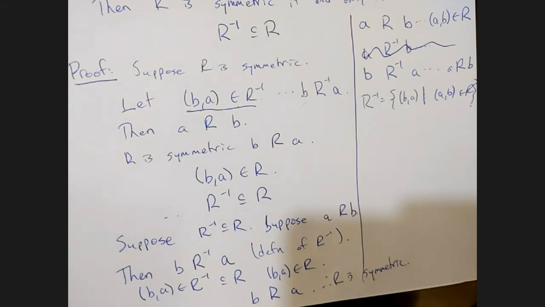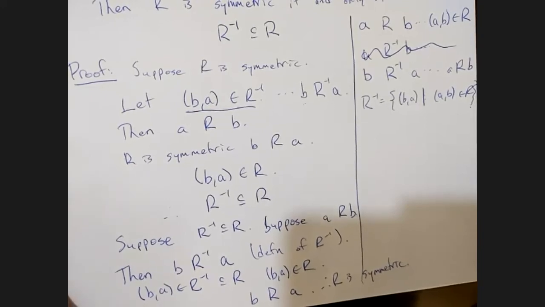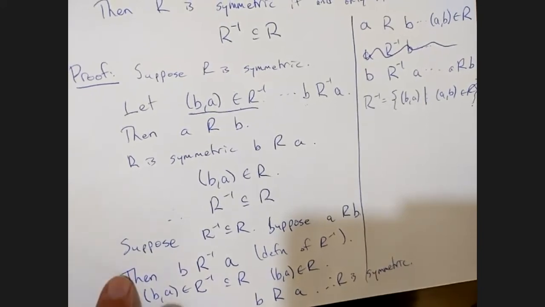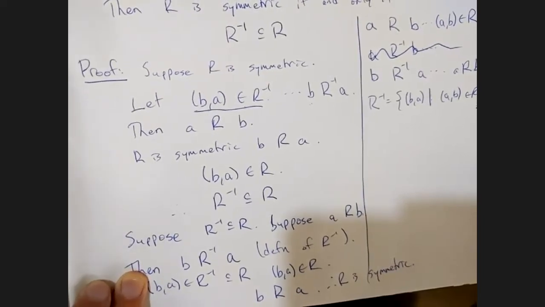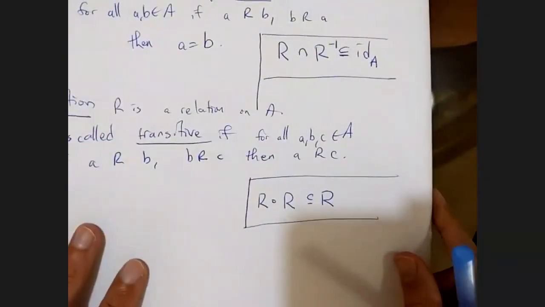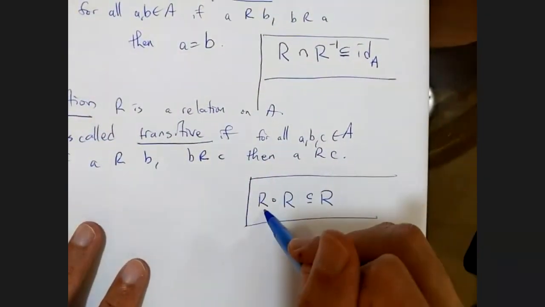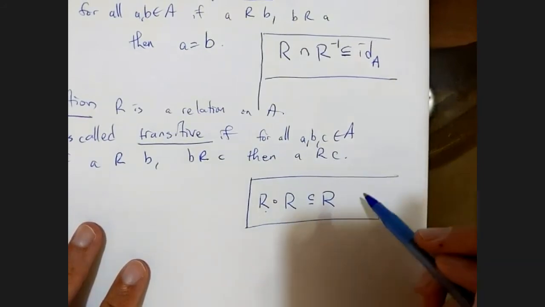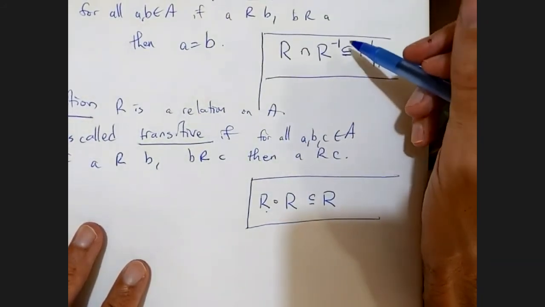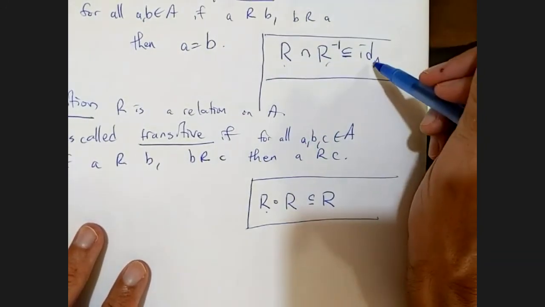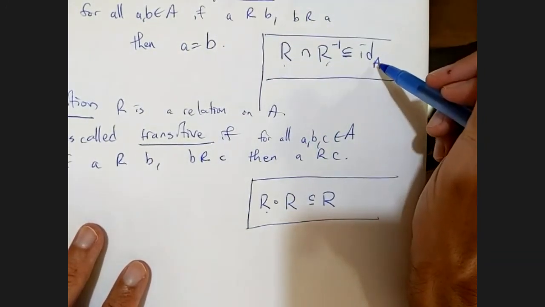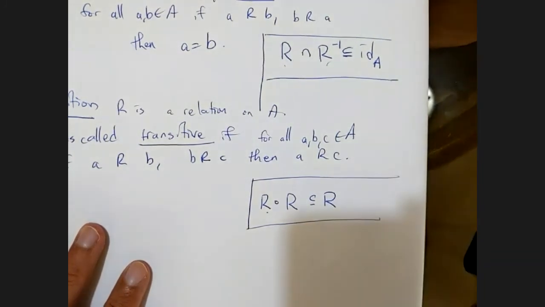Okay, and the other conditions I wrote down too, you can also check that they're equivalent to the normal definition that you're familiar with. Right, like you can check that R is transitive if and only if R composed with R is a subset of R. You can check that R is antisymmetric if R intersect R inverse is a subset of the identity relation.